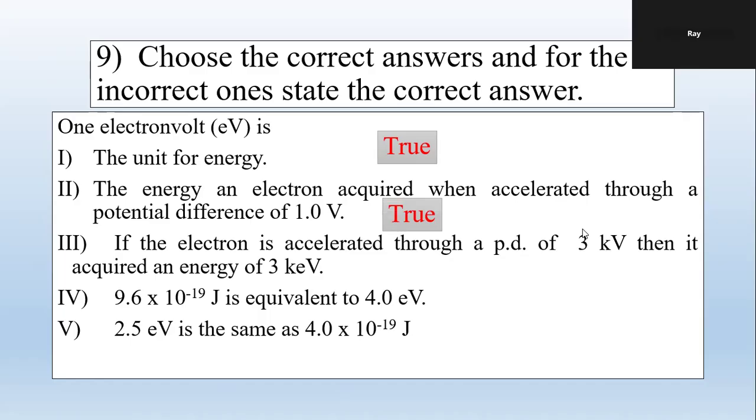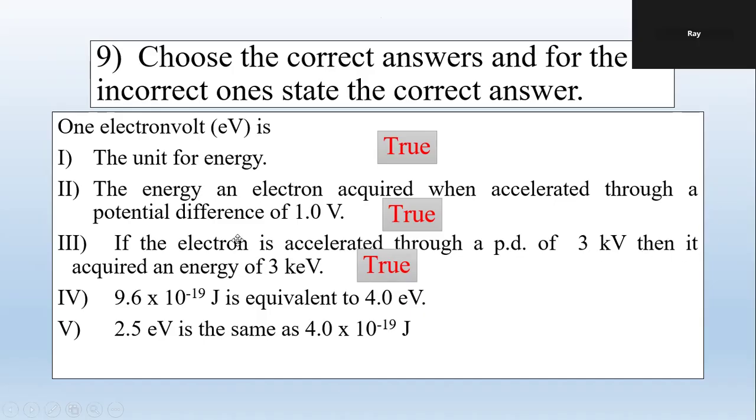If the electron is accelerated through a potential difference of 3 kilovolt, then it acquires energy of 3 kilo electron volt. Right or wrong? True.